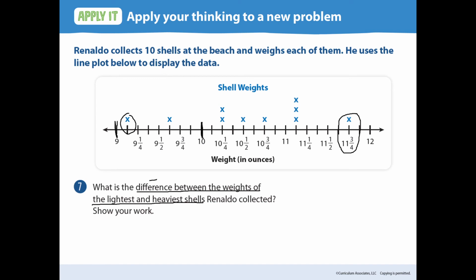I think the best thing to do here is to count how many there are between the whole numbers. And that's going to tell us what fraction that's divided into. So 1, 2, 3, 4, 5, 6, 7, 8. So it's divided into eighths. That means that the first one is going to be 9 1/8. So the lightest shell is 9 1/8 ounces.